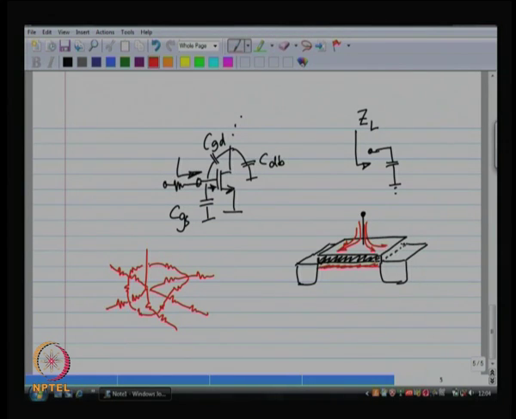Right, some extremely distributed mesh of resistors, and each of these points has capacitance to the channel.